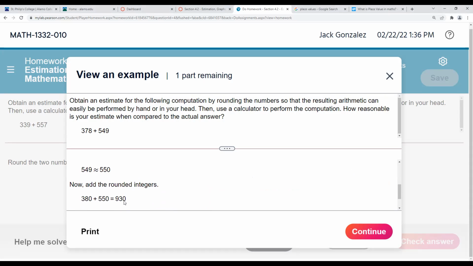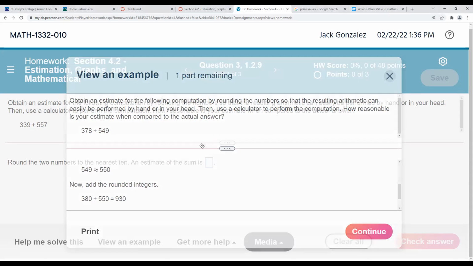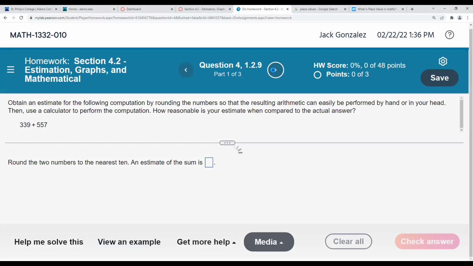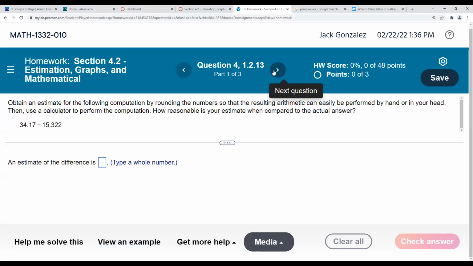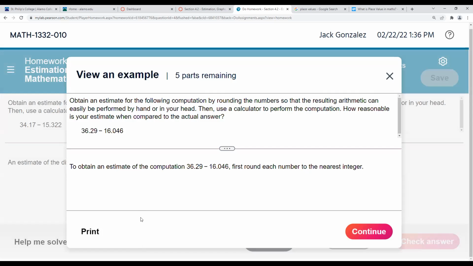Okay, so that's what they got here. So this time, same deal, but use the decimals. What they're going to do is see the decimal and think, that's annoying, I don't want to deal with the decimals. So we'll round to the nearest ones place and just add everything else.